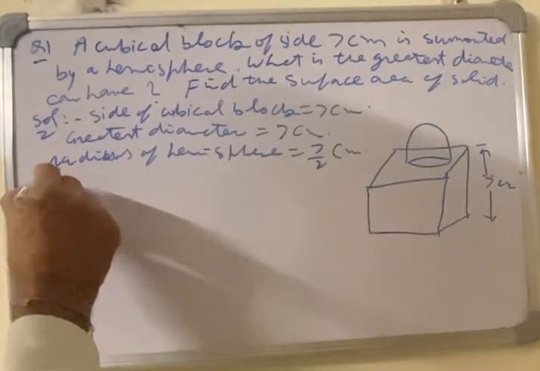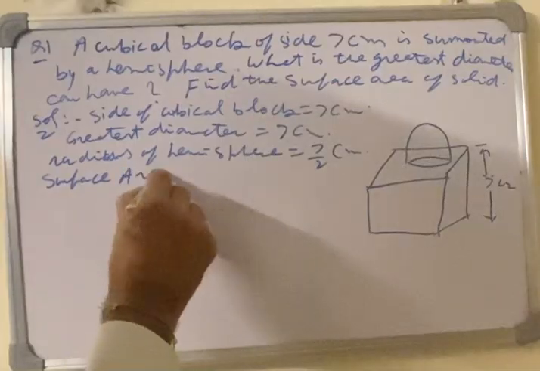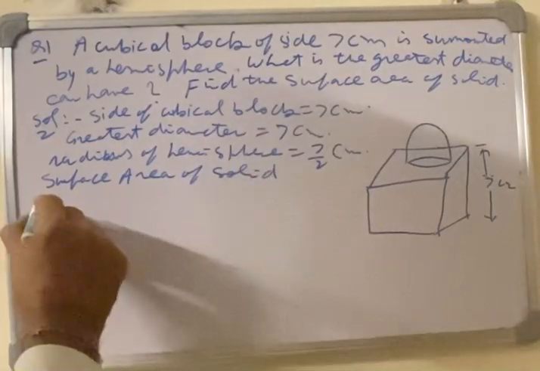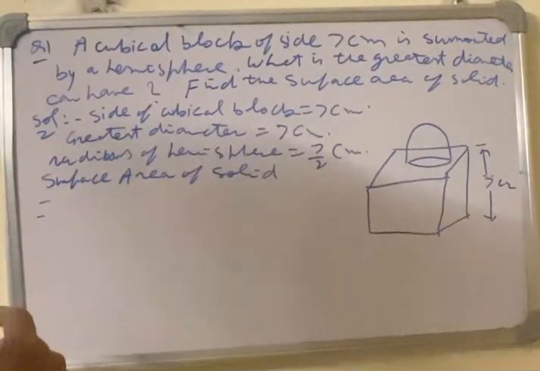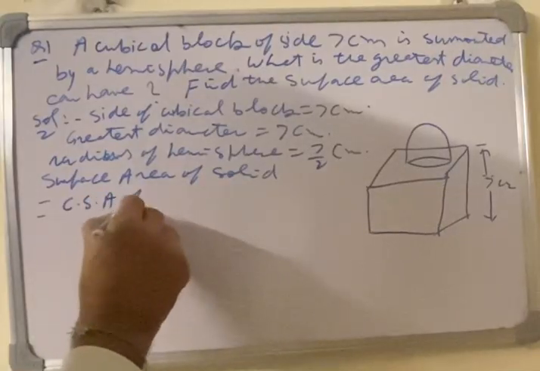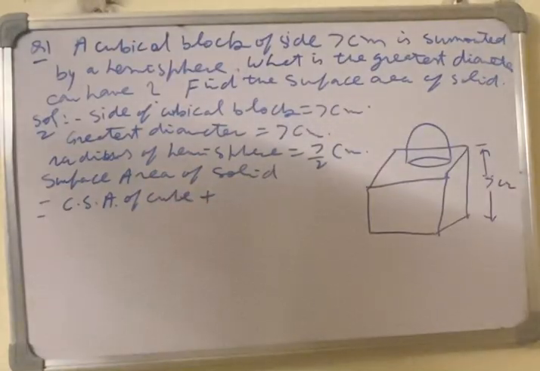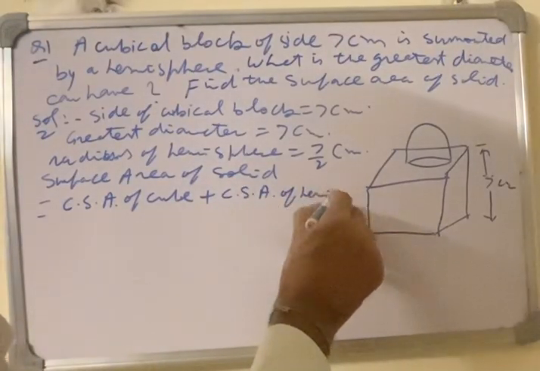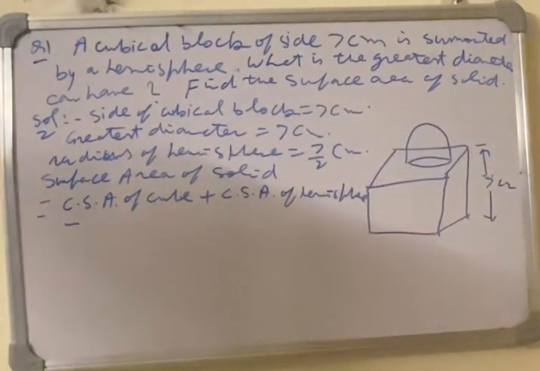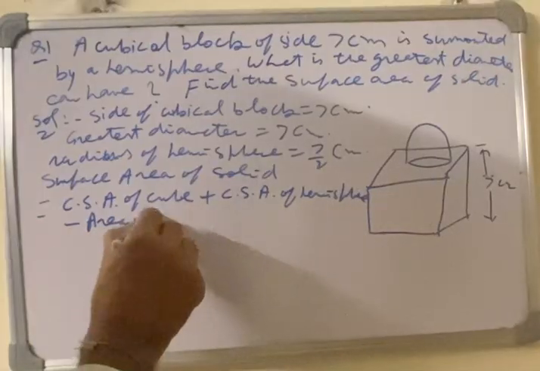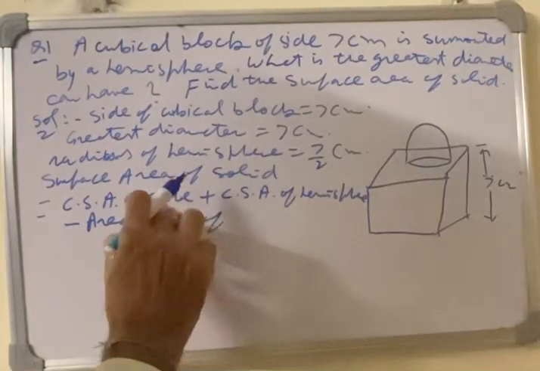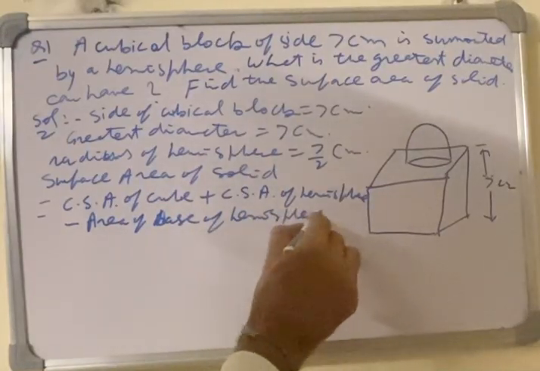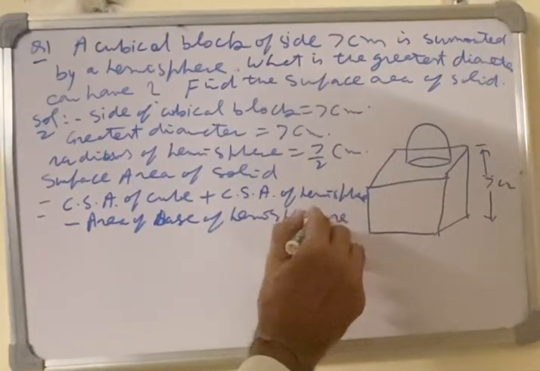Surface area of solid. Total surface area of solid is curved surface area of cube plus curved surface area of hemisphere minus area of base of hemisphere, because it is placed in this way.